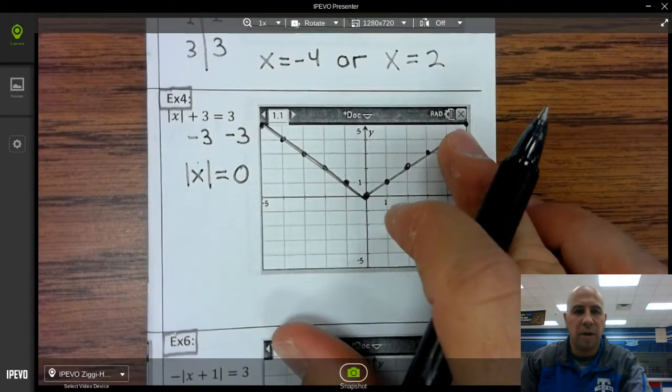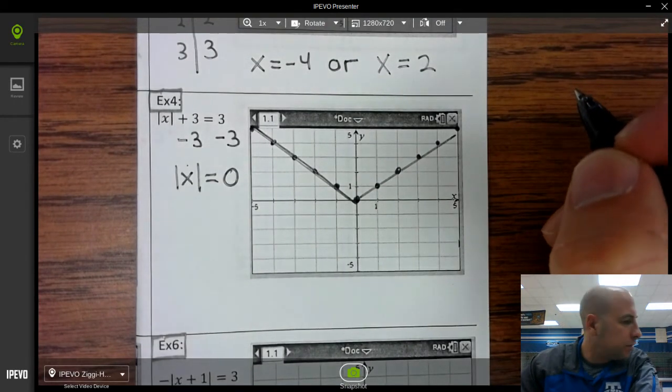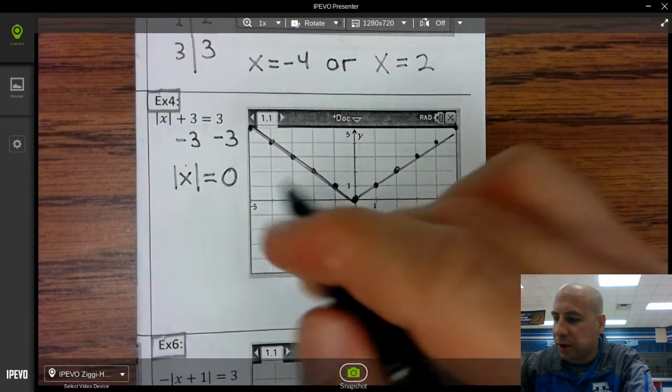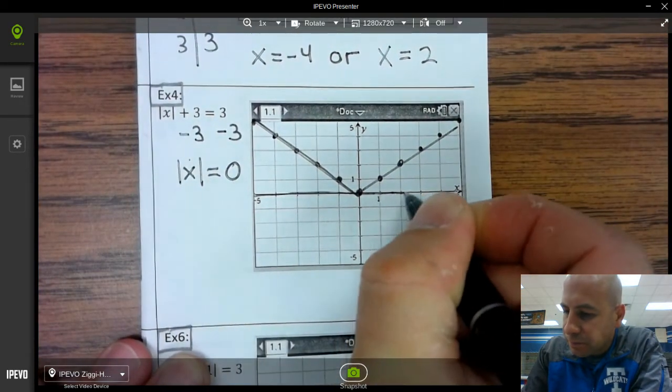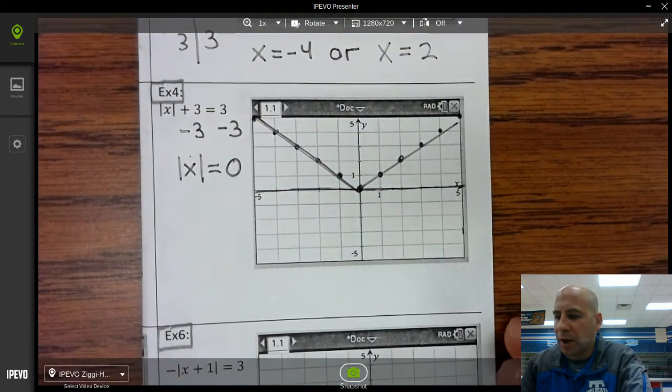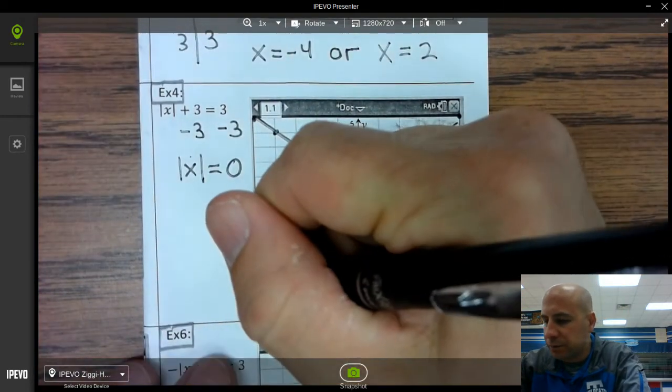All right. So next is step 3, graph the right side, which is 0. Okay. So the intersection point is at x equals 0.